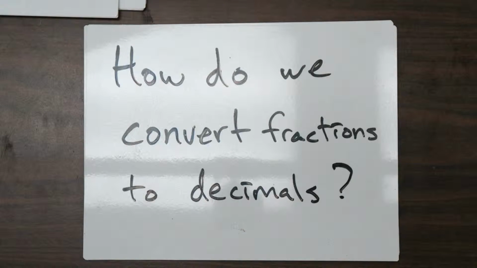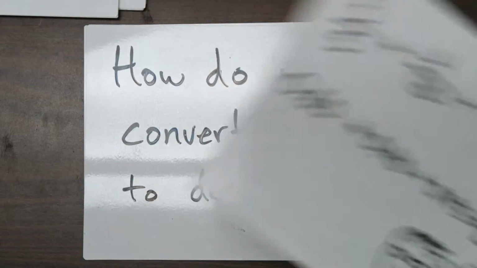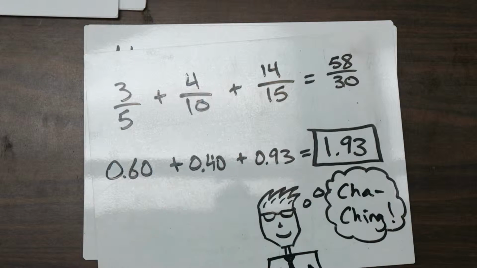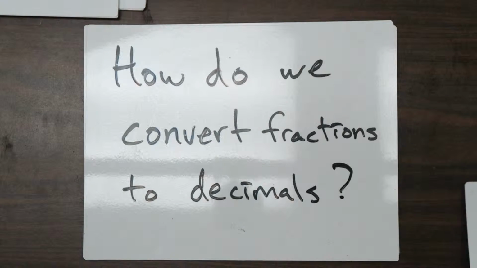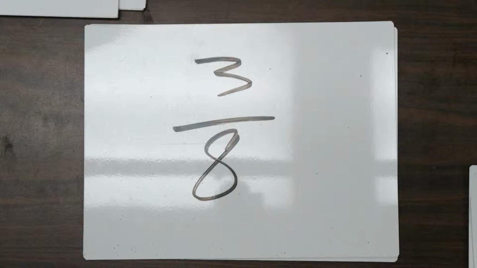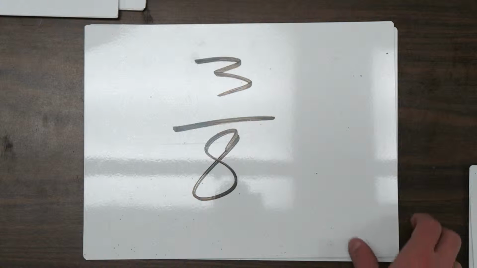So how do we convert fractions to decimals like I did? Right here, I converted 3/5 to 0.60, 4/10 to 0.40. How did I do that? Let's take a look, and I'll show you the steps. Let's say I have the fraction 3/8, and I want to convert that into a decimal.